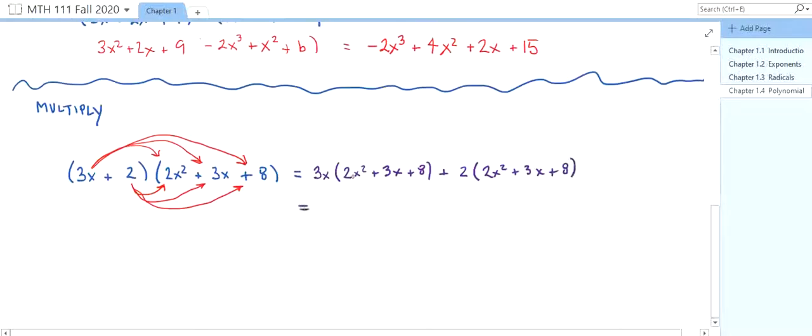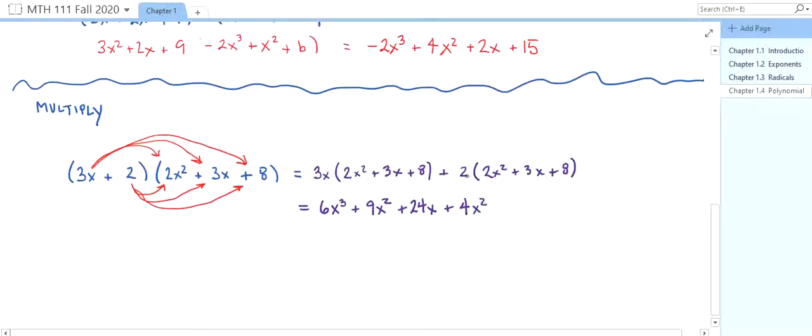Ultimately what we end up with is 3x times 2x squared, which is 6, the two coefficients multiply, then the x's multiply, 6x cubed plus 9x squared plus 24x, plus 4x squared, since 2 times 2 is 4.